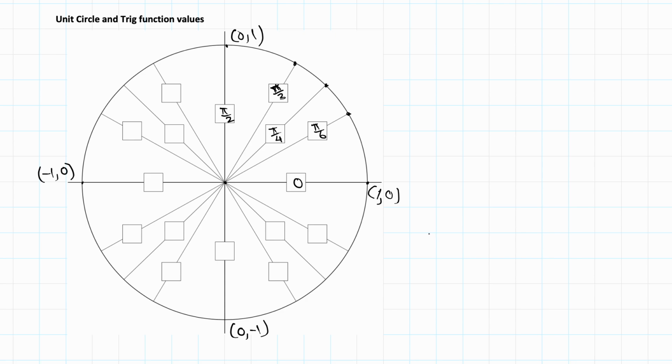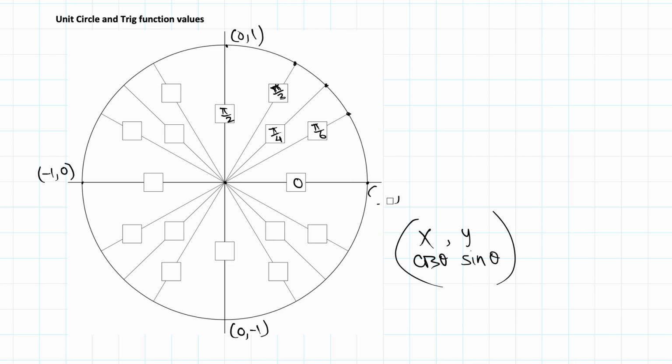The first coordinate will always be cosine, x is cosine, and then y would be given by sine. Like cosine of 0 is 1, and sine of 0 is 0. Let's put theta as the angle. That's how it works for this one.